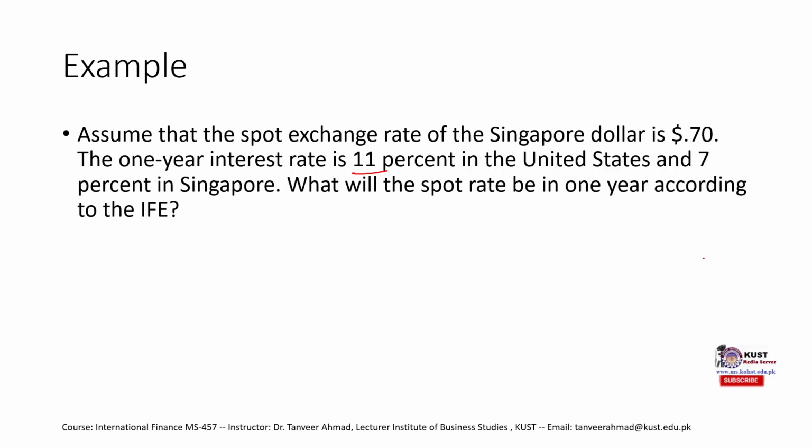Okay, so coming back to this second example, assume the spot exchange rate in Singapore is 0.70. The 1-year interest rate in United States is 11% and the 1-year interest rate in Singapore is 7%. What will be the spot rate of 1 year according to the international Fisher effect? Now remember, when it says international Fisher effect, we need to use interest rate rather than inflation.